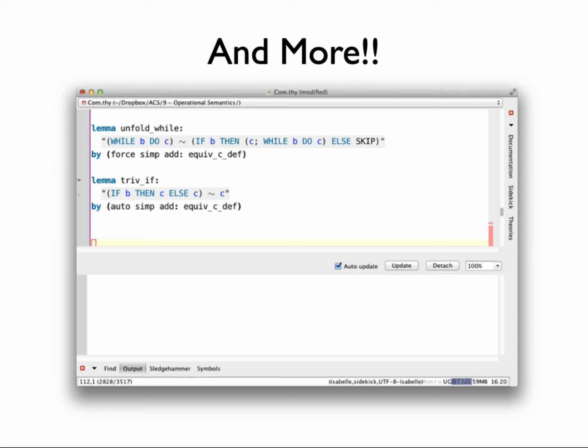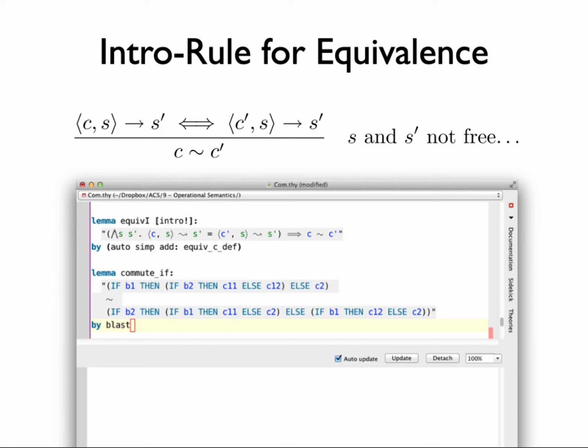The last one: if Boolean expression then C else C. You may note this is not true of any real programming language, because normally the evaluation of B could cause side effects. For a more realistic language, it would be something like B semicolon C, I guess. What about this?